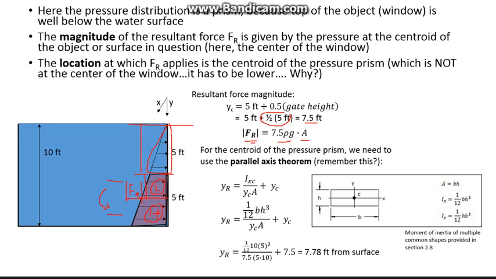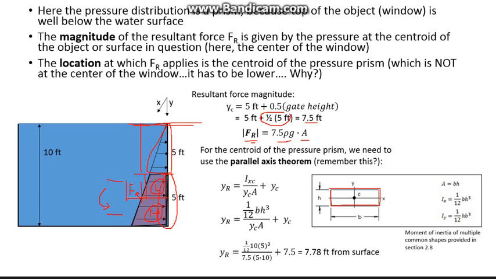That's the moment of inertia calculation we use when we are offset from our main axis, all parallel to it. So we offset by the centroid, y_c, and then we take the moment of inertia of the geometric object. In this case, it's the rectangular shape of this wall right here. So this expression has y_c plus the moment of inertia of this shape divided by y_c times the area.